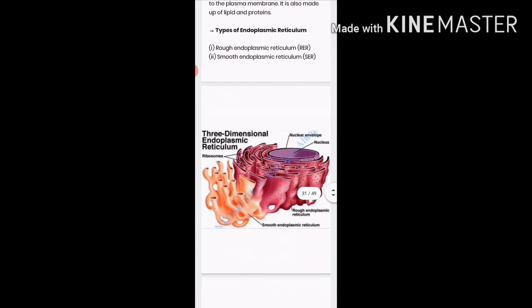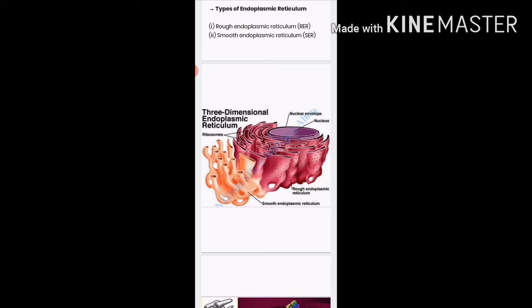You can see in this slide, the center, the violet portion is the nucleus, the red color portion and the orange color portion, you can see they are tube-like, and they are the pathways which are moving from the nucleus till outside. So the orange portion, you can see the small dots on it, those are nothing but the ribosomes.